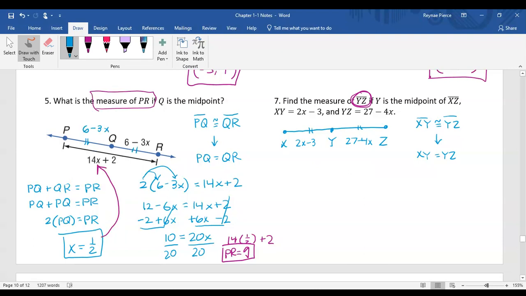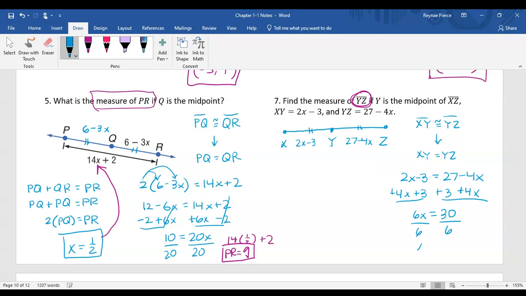Since my two segments are equal here, I will set 2x minus 3 equal to 27 minus 4x. I've just substituted those expressions in. I'm going to add 4x to both sides, add 3 to both sides. 6x is 30.